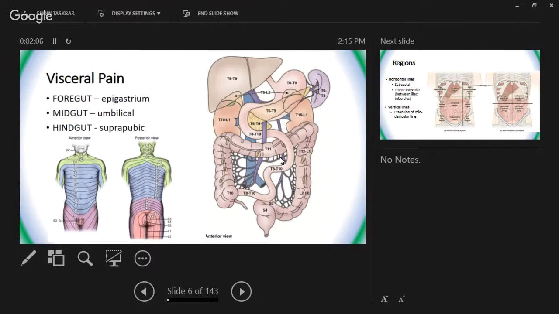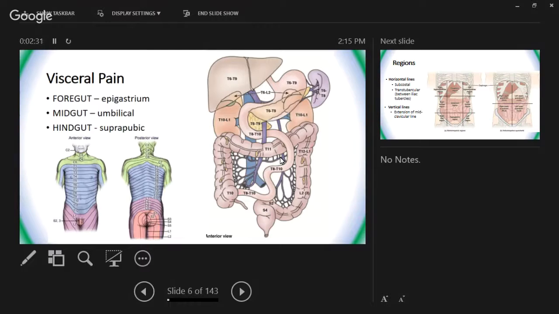This slide here I think is pretty important. Visceral pain is probably one of the most important things to see and try to understand. General rule: if the pain is foregut, it'll be epigastric; midgut, umbilical. Anything foregut, so stomach, pancreas, you'll expect to feel pain in the epigastric region.